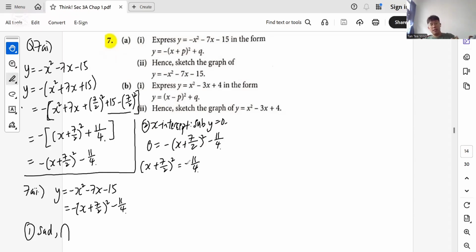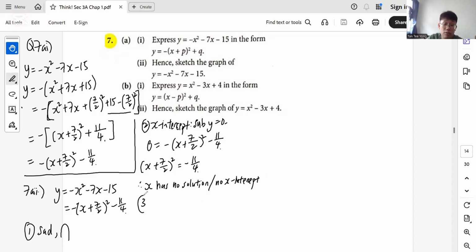The next step is to square root both sides, but can I square root negative 11 over 4? I cannot, so my x has no solution. That means it does not intersect the x-axis. So no x-intercept, which is very different from the question I went through just now.